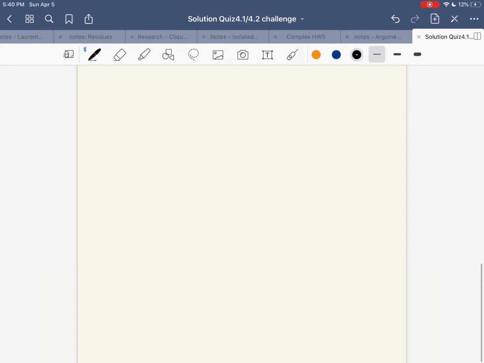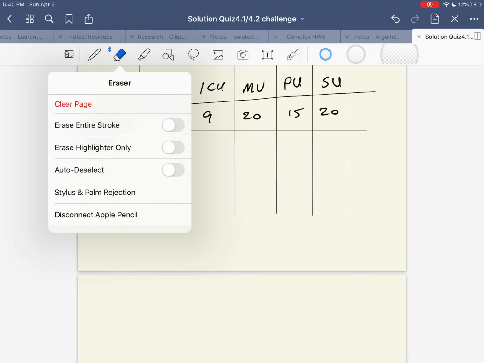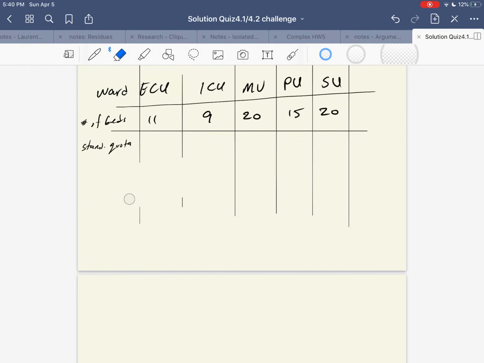let's see, what are we going to get? Why don't I erase this bit on the bottom? So the standard quota for the ECU is going to be the number of beds, that state's population, 11, divided by 0.5.